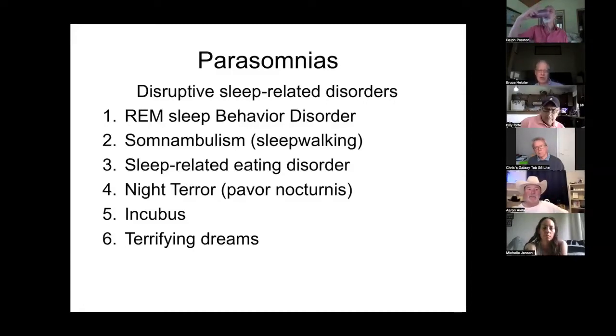This is most often seen in men over the age of 50. And it can occur following a stroke in the brainstem, or it often accompanies Parkinson's disease and some forms of dementia.